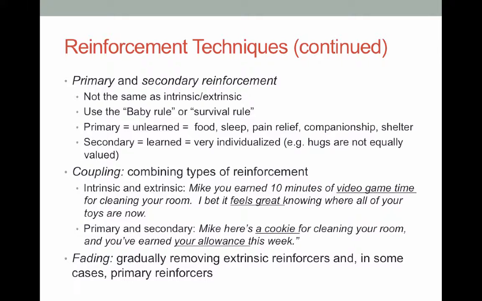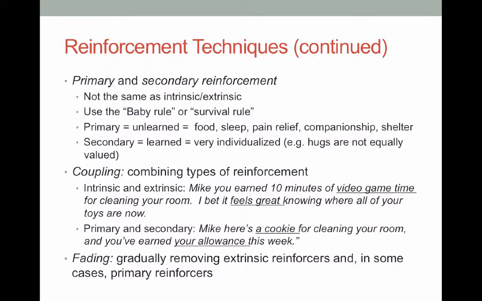But if you connect these two things, gradually over time, you'll start to see that the person would, in many cases, start to understand that their allowance had value too. The abstract thing had value too. So if you're trying to get people to understand abstract things or learn things, this is a good way to do it. But you have to eventually remove the stuff that has the person being dependent on you, and that's called fading.